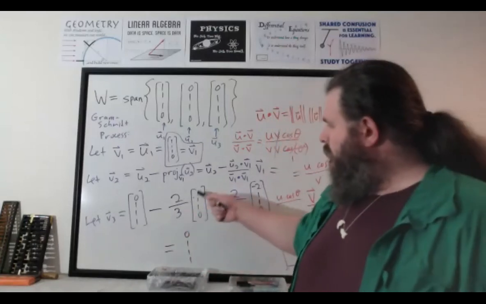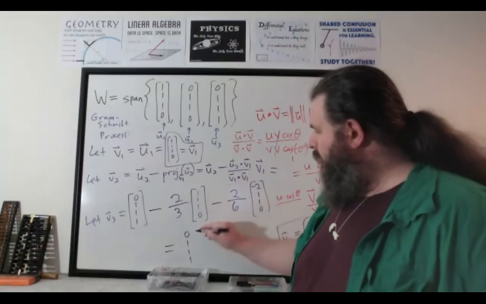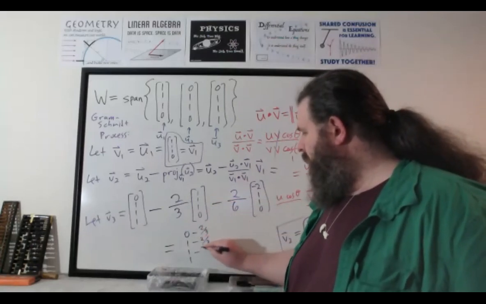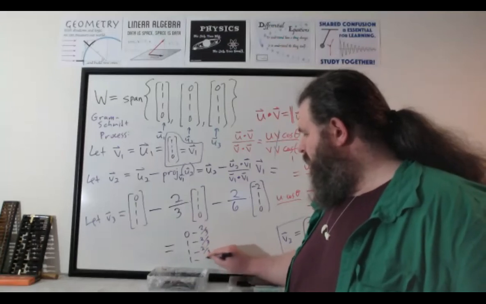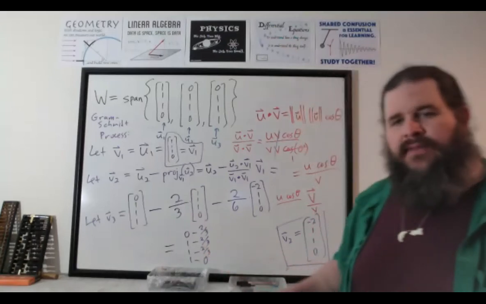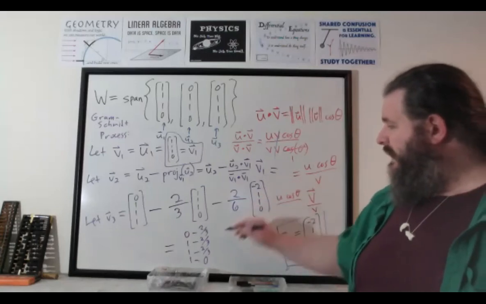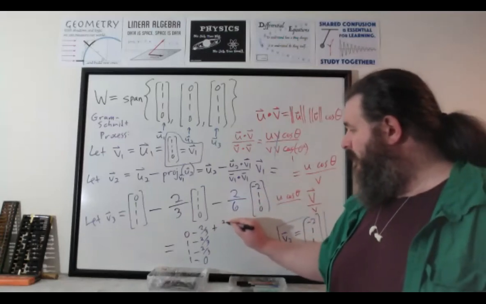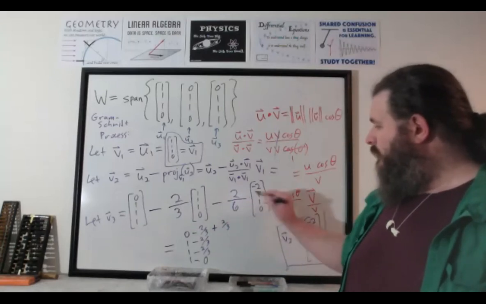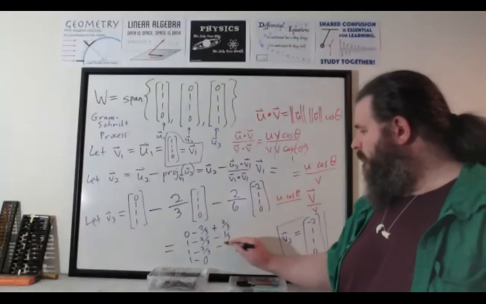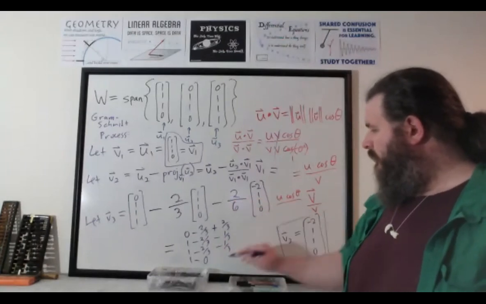We're subtracting 2/3 times (1, 1, 1, 0). So minus 2/3, minus 2/3, minus 2/3, minus 0. And then 2/6 is the same as 1/3. So we're subtracting 1/3 times -2. That becomes plus 2/3. Minus 1/3 times 1. Minus 1/3 times 1. Minus 1/3 times 0.